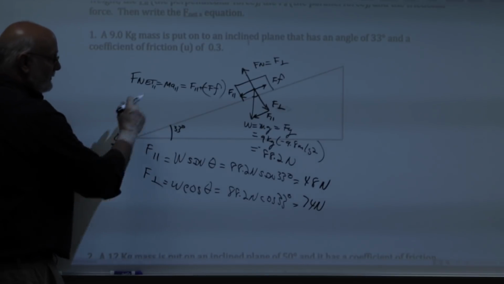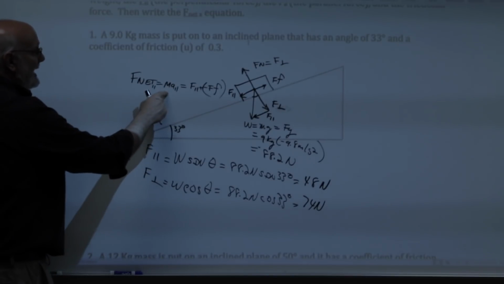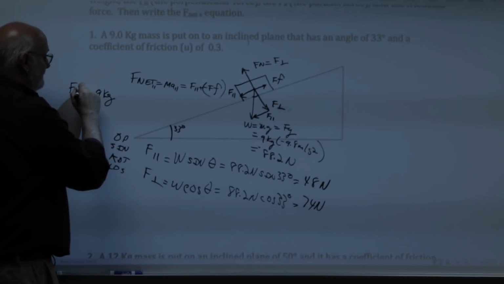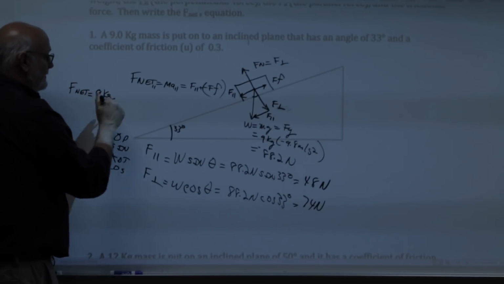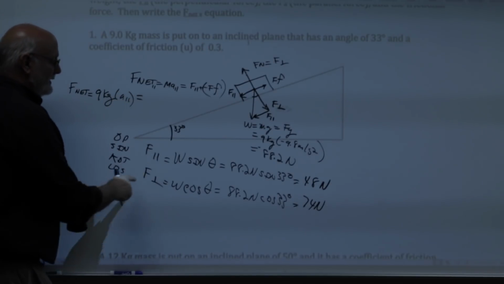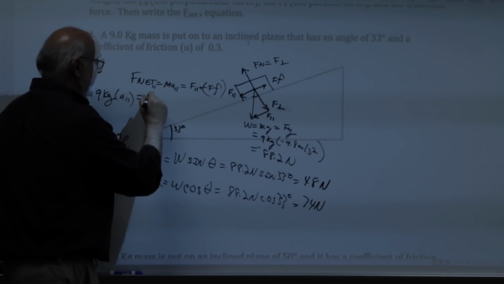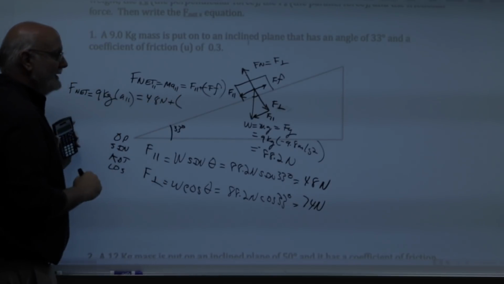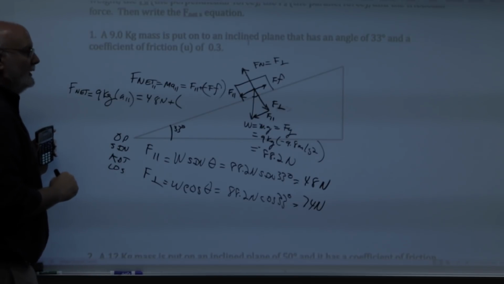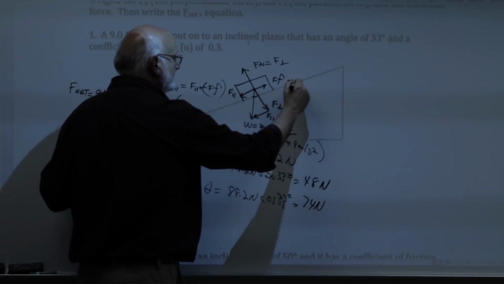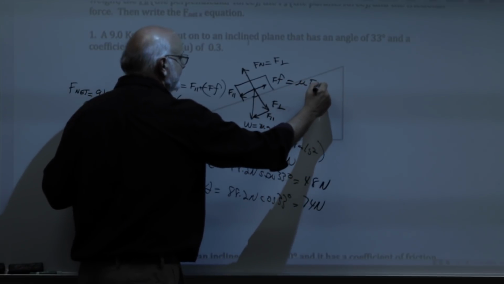Remember, we want to find the acceleration. So, mass, 9 kilograms, and we're doing the F net. 9 kilograms times the acceleration equals F parallel, which is 48 newtons, plus, well, we now need to do the frictional force. The frictional force is equal to mu Fn.